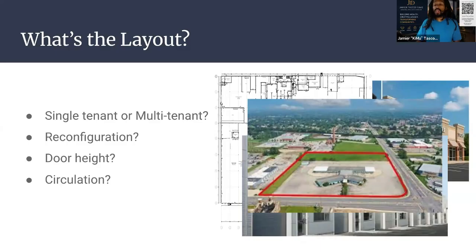And you don't want your drivers agitated when they're trying to maneuver around your property and the layout calls for tractor trailers and they have to do a bunch of maneuvering so they can get to the door that they need to pull up to. That's something that you just don't want.